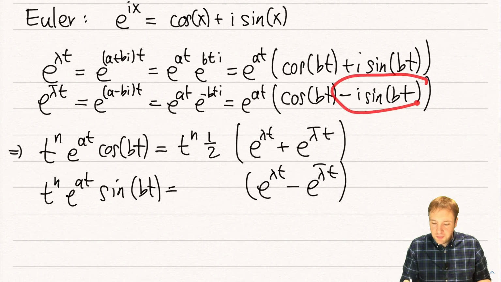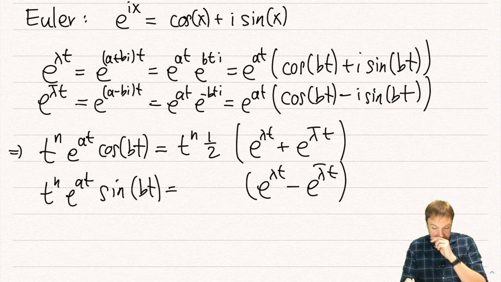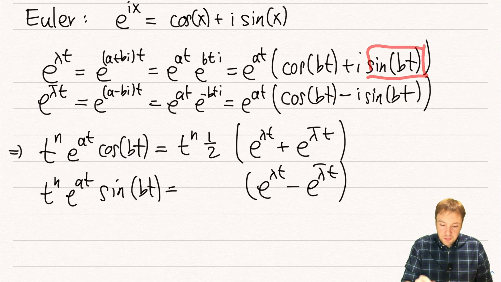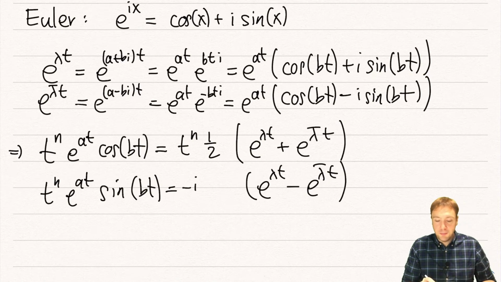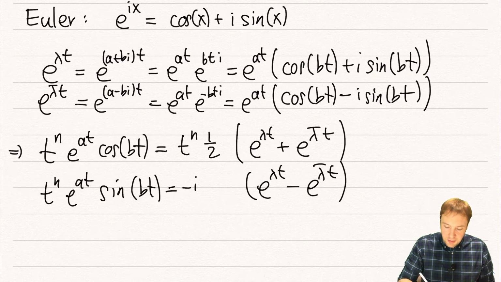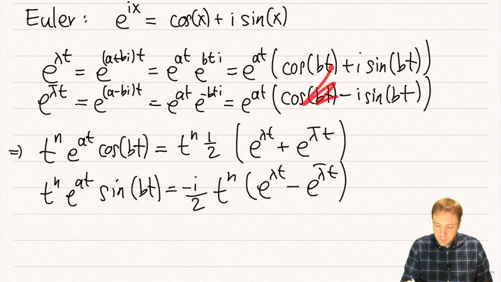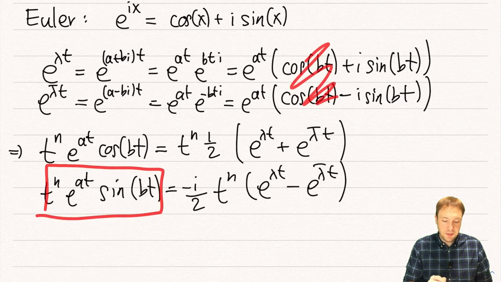And if I subtract this from this, I get 2i sine of this. So if I multiply it with minus i I get just the sine. And if I take 1/2 and t to the n, so this cosine cancels out, we get exactly this part here.